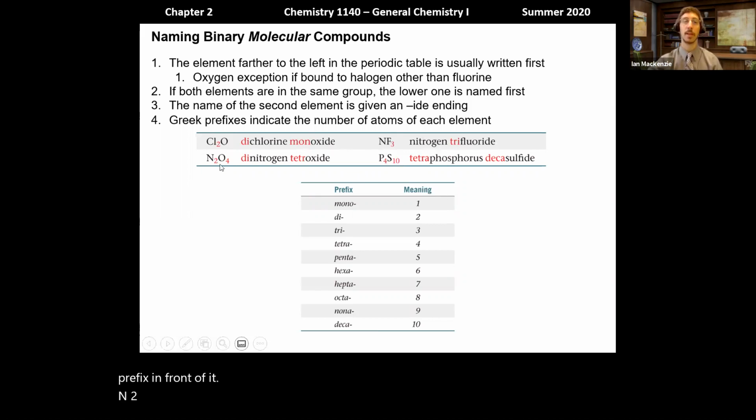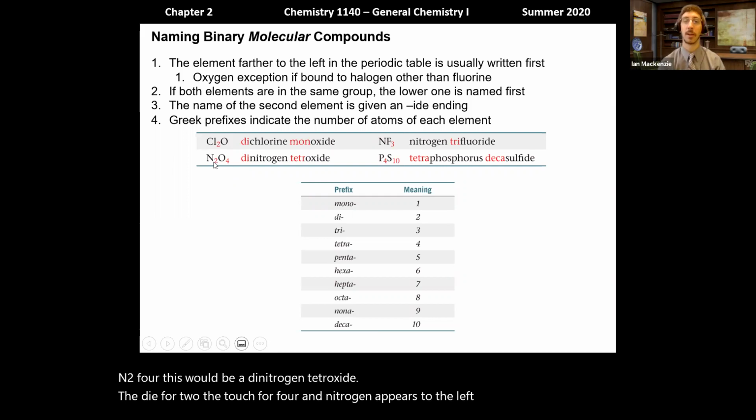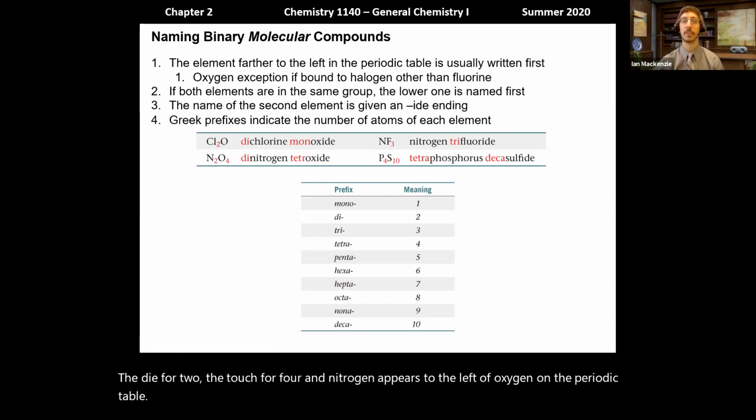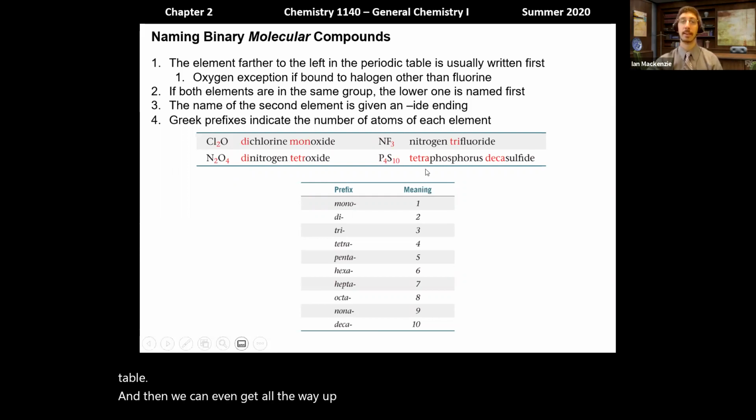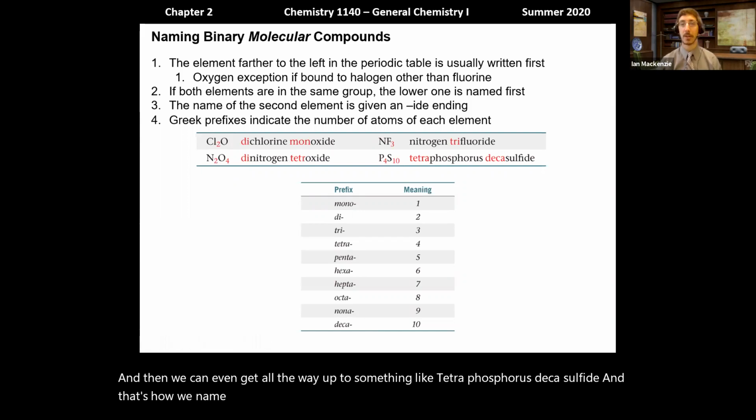N2O4, this would be dinitrogen tetroxide. The di for 2, the tet for 4, and nitrogen appears to the left of oxygen on the periodic table. And then we can even get all the way up to something like tetraphosphorus decasulfide. And that's how we name common acids and binary molecular compounds.